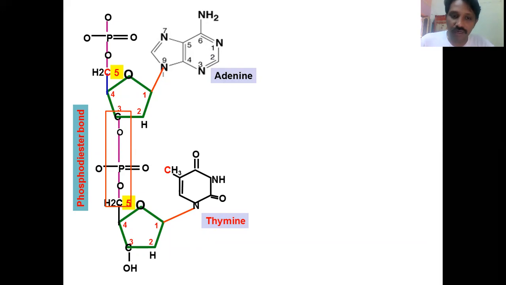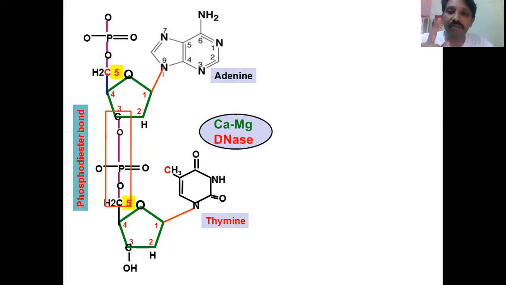DNase I has calcium and magnesium as cofactors. Calcium is absolutely required for structure and function. Magnesium enhances the activity of DNase I, right? DNase breaks down one of the phosphodiester bonds, so you see two ester bonds are there.